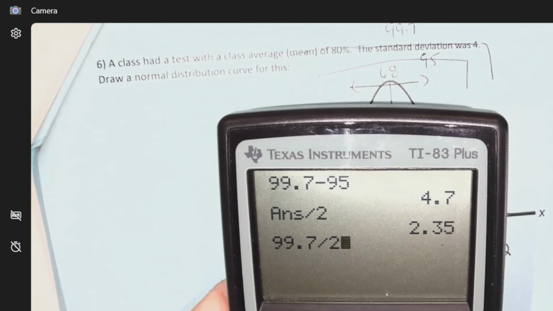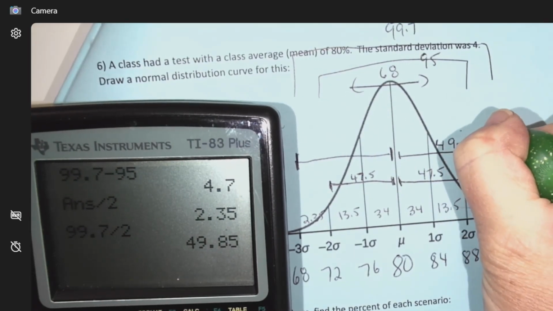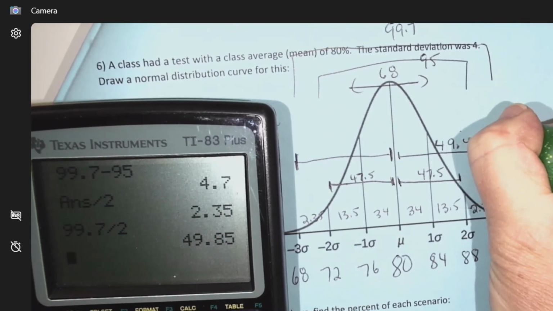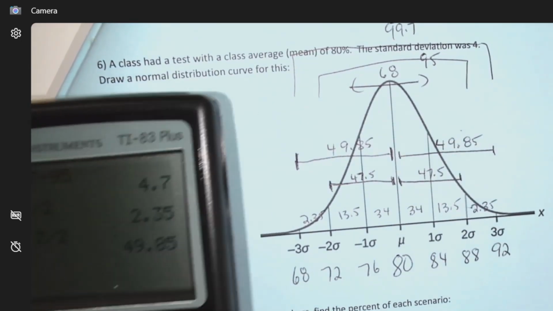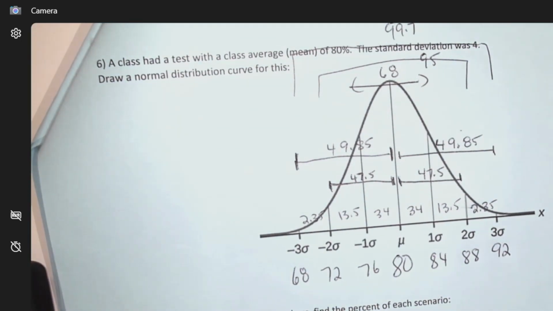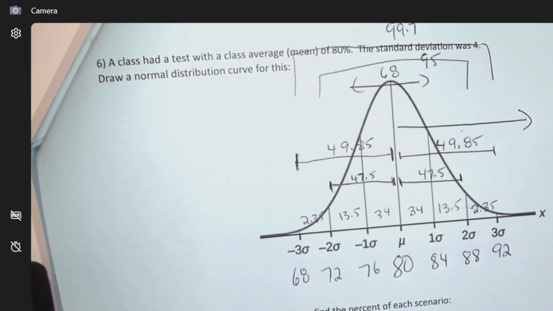And then 99.7 divided by 2 is 49.85. Okay, so all this stuff you can be copying onto your cheat sheet. And what is exactly there and up?